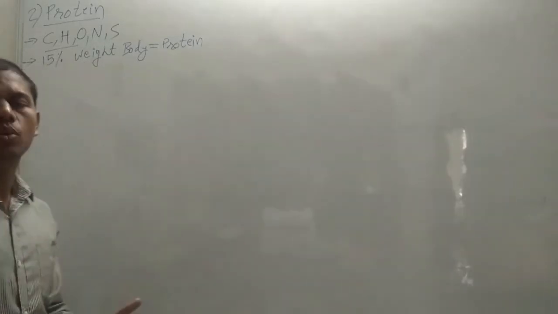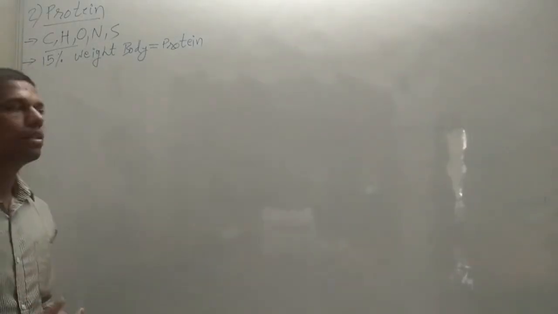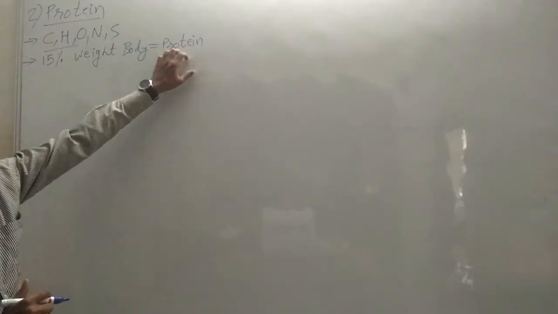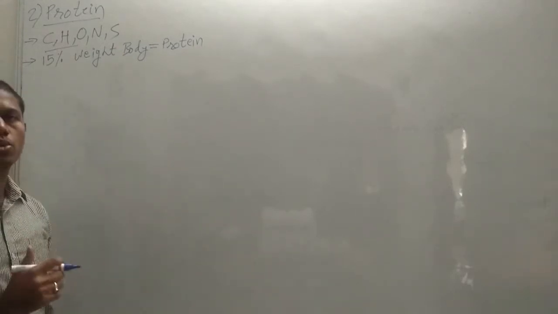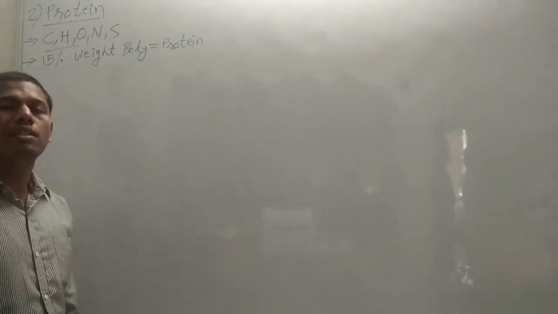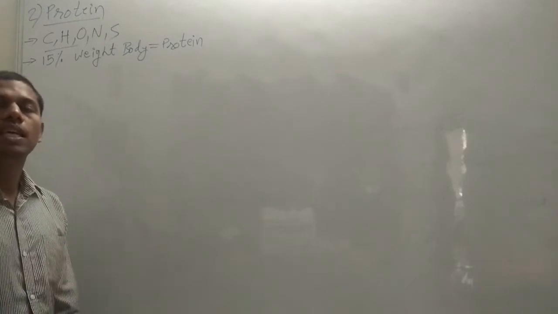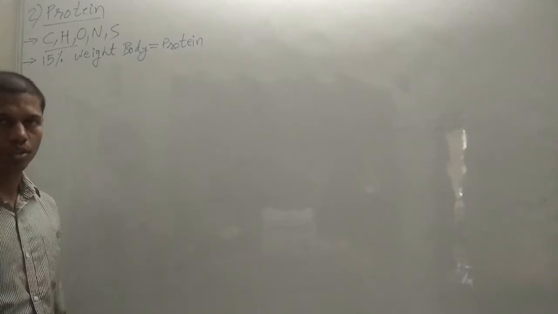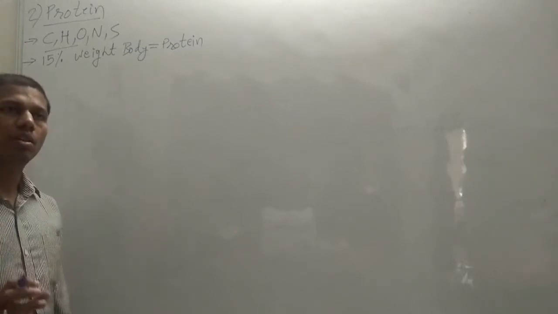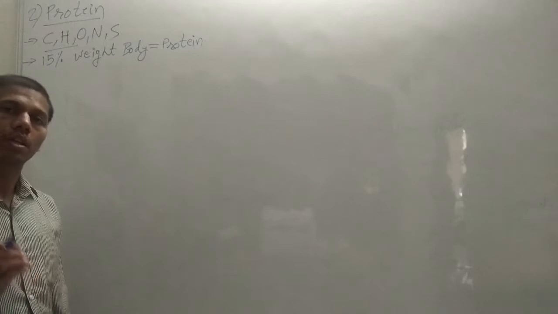Whatever the weight of the human being's body is, 15% of that weight is only protein. This is a big contribution, because each and every cell of the human body is made up with the help of different types of proteins. Each and every organ of the body is made with the help of proteins.